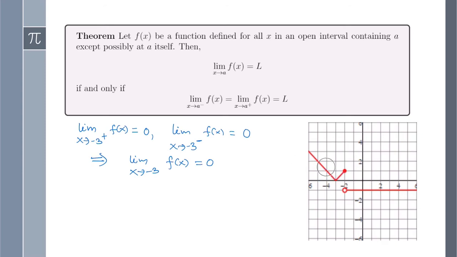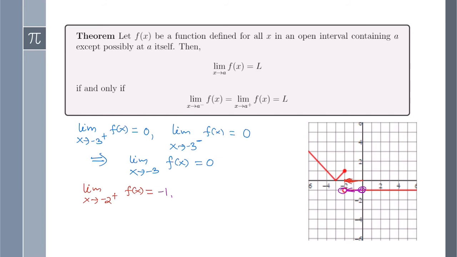But now if we take another point on that graph, say the limit as x approaches -2 from the right of f of x, the function is approaching this value, which is -1.